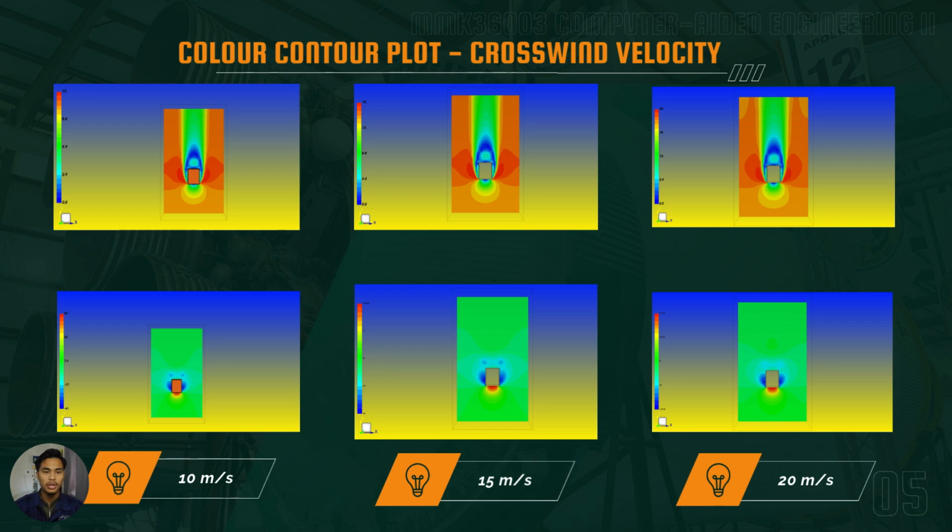Next, we will look at my color contour plot for the first factor, which is crosswind velocity. The picture above is my color contour plot for maximum velocity, and below is the maximum pressure. From the left, this is my first velocity, which is 10 meters per second, the middle is 15 meters per second, and lastly the right is 20 meters per second.